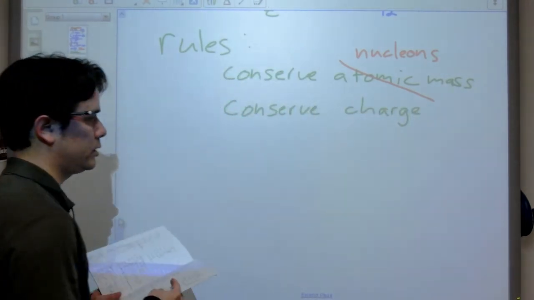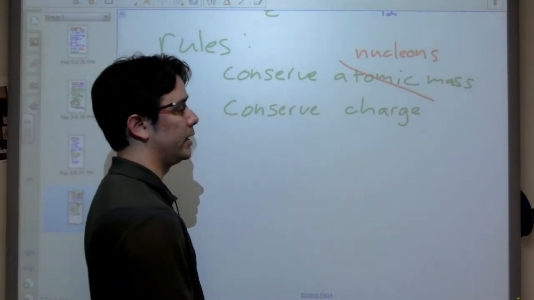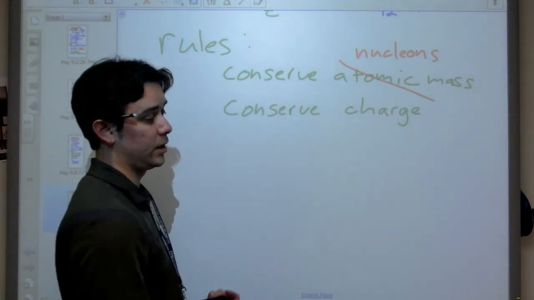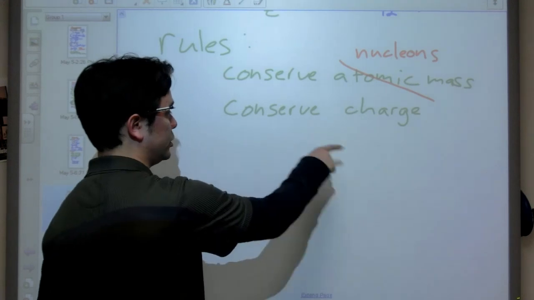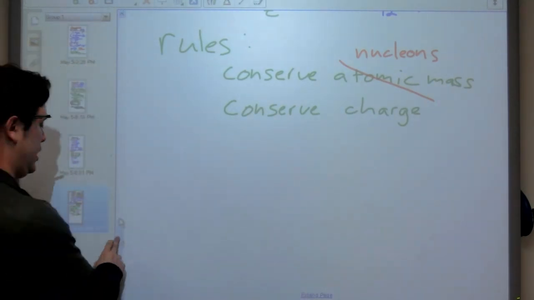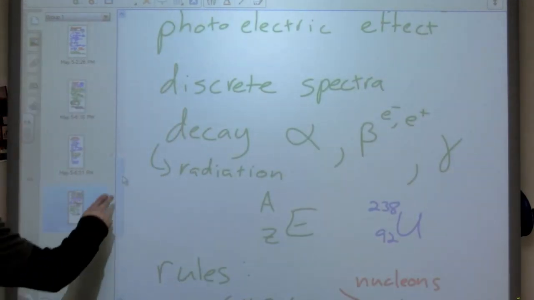So if we have a neutron that manages to morph itself into a proton during a nuclear reaction, which does happen from time to time, then we started off with a neutron which has 0 charge. We ended up with it becoming a proton, which is a positive charge. So to conserve charge, we must also create and kick off an electron in, wait for it, beta radiation.